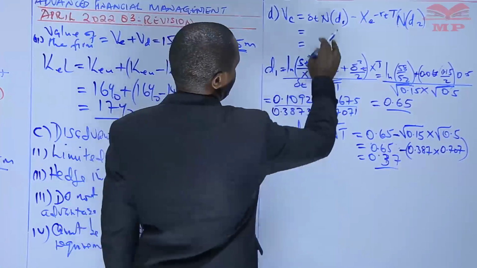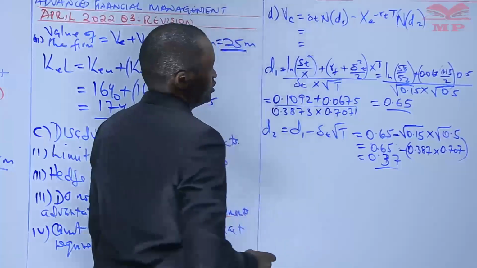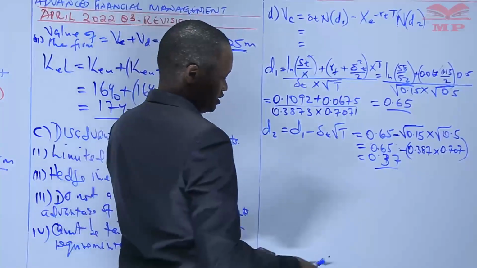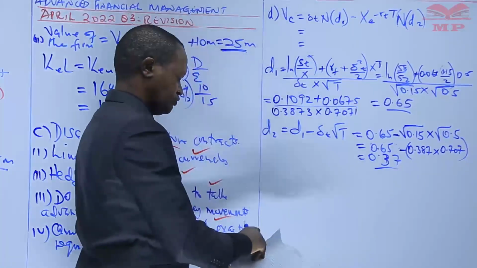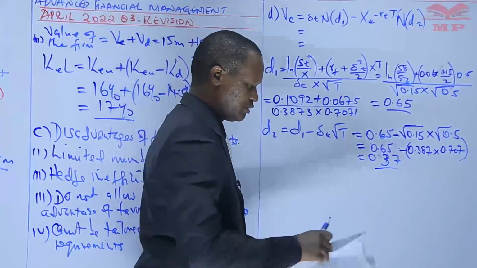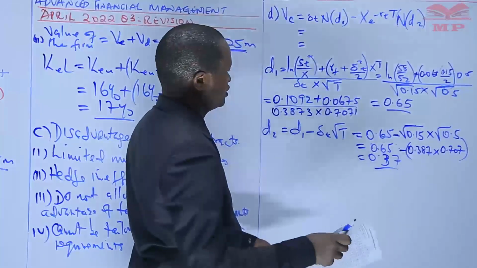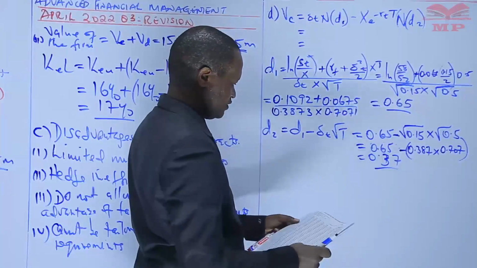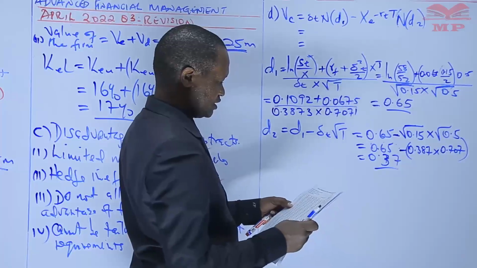The next step is to move to the normal distribution table and put down the values for 0.65.